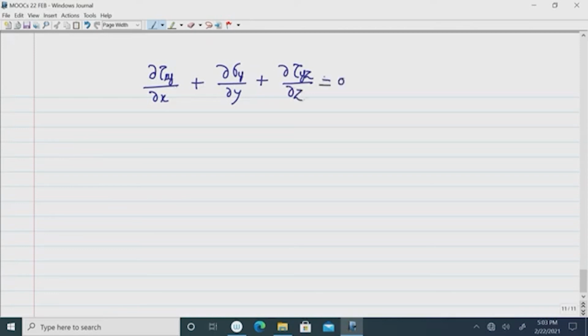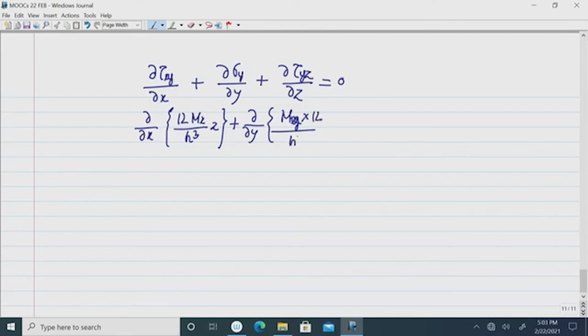Here again let us substitute: tau xy is 12 m xy by h cube into z, and sigma y is 12 m y by h cube into z, and this remains as it is.